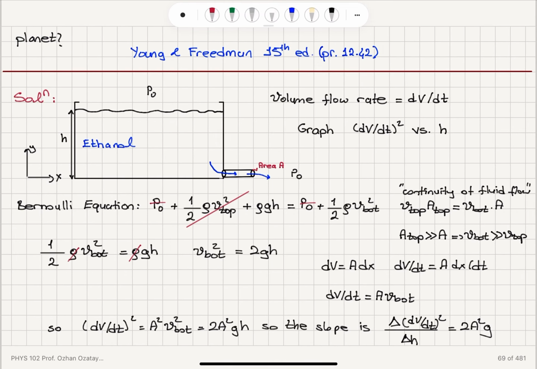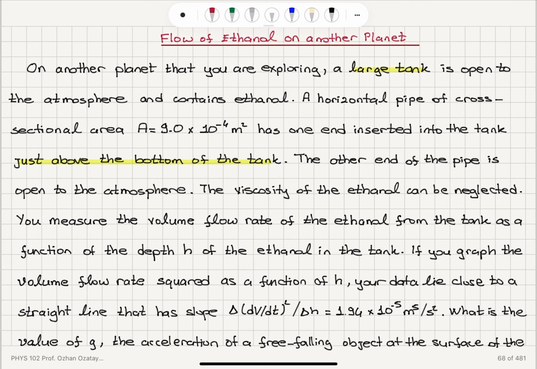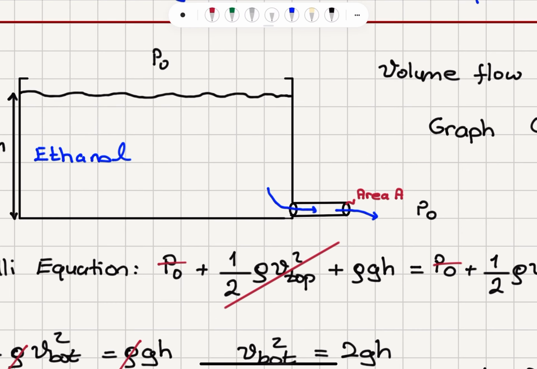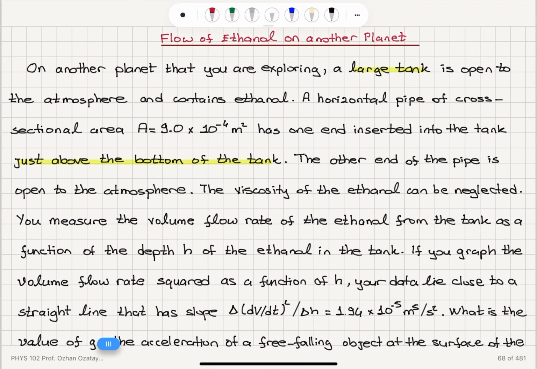Okay, so we are doing an experiment flowing ethanol on another planet inside a large tank, which is open to atmosphere and contains ethanol. There is a horizontal pipe at the bottom of this tank, just above the bottom, which has cross-sectional area A, and it is open to atmosphere also. The other end of the pipe is open to atmosphere.